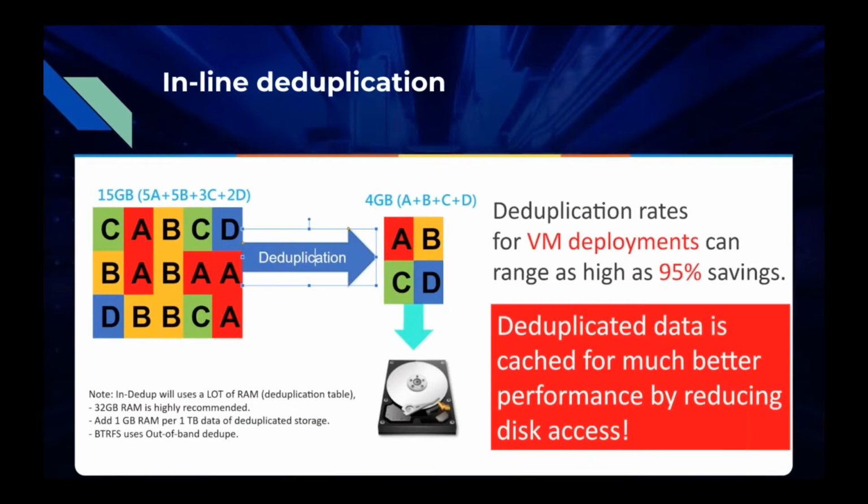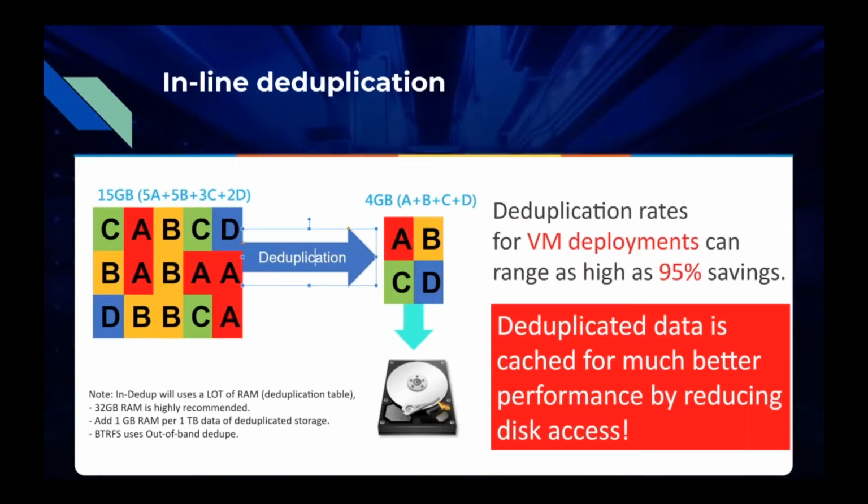All right. So next we'll be looking at deduplication. QuTS hero offers something called inline deduplication, which means that your deduped data is cached for better performance by reducing disk access. Deduplication is best used for VM deployment, as it gives you a higher rate of disk savings than other scenarios.